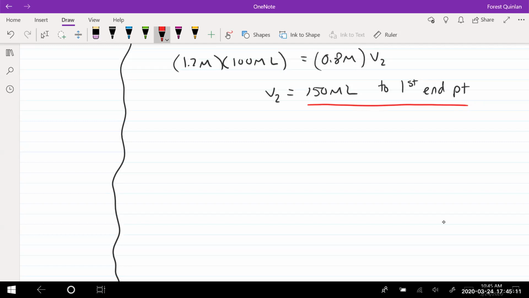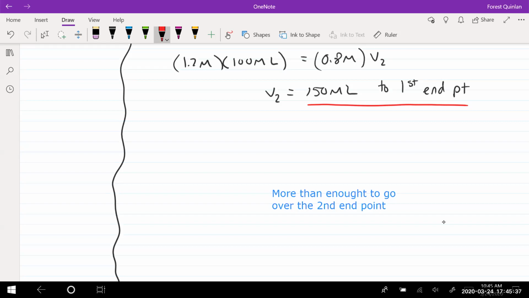If it takes us 150 mils to actually neutralize, but by the end we're doing 360, that tells me I've gone way too much.